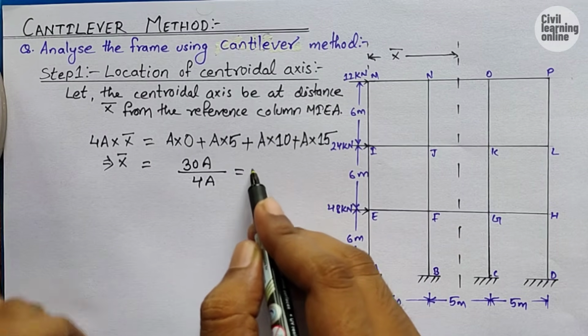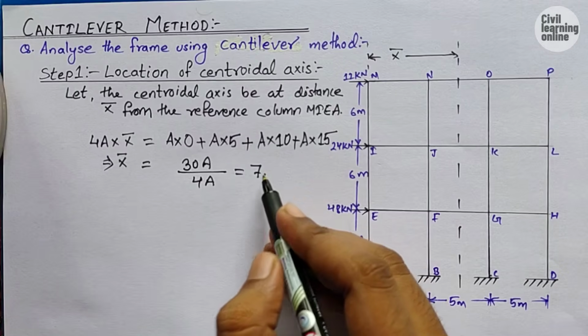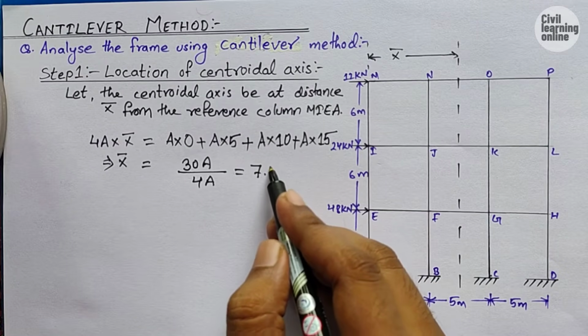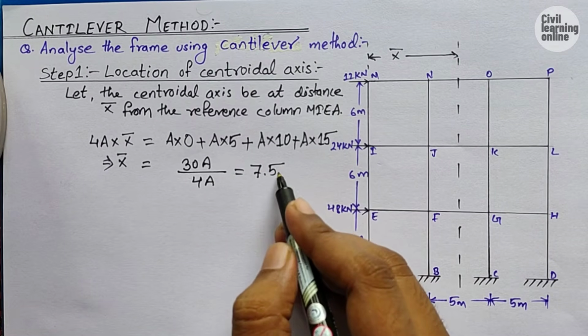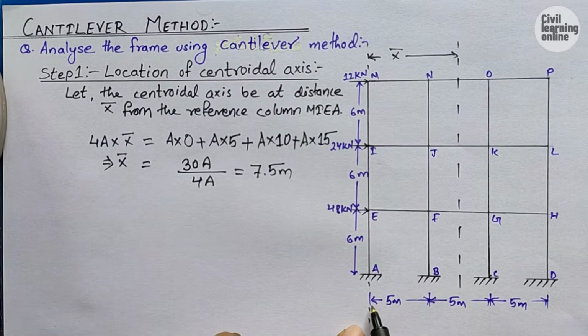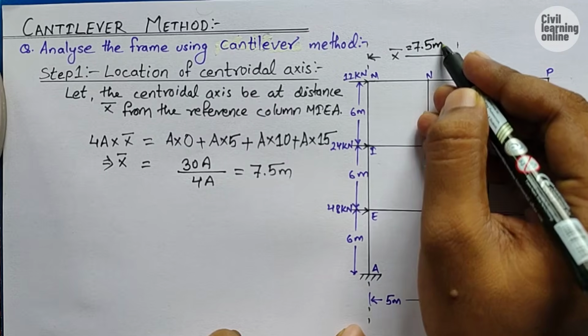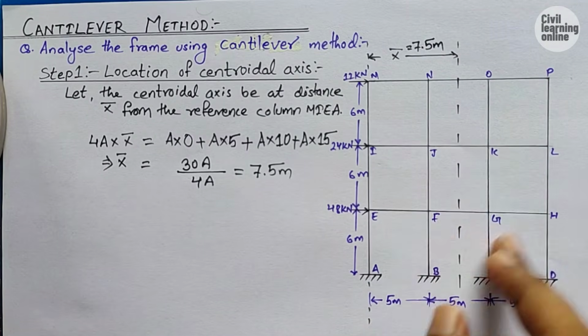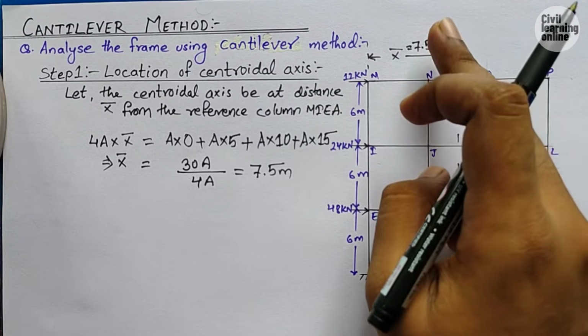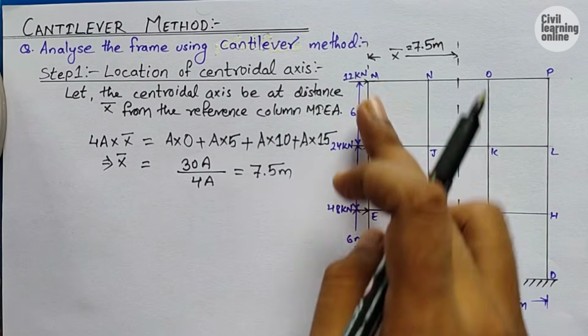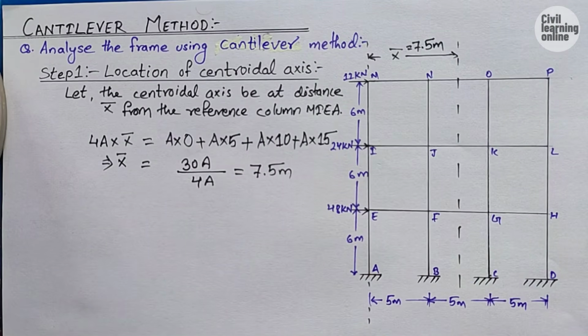From here we will get 7.5 meter, means our X bar is 7.5 meter, means the centroidal axis of this whole frame is at a distance 7.5 meter from the extreme left column.